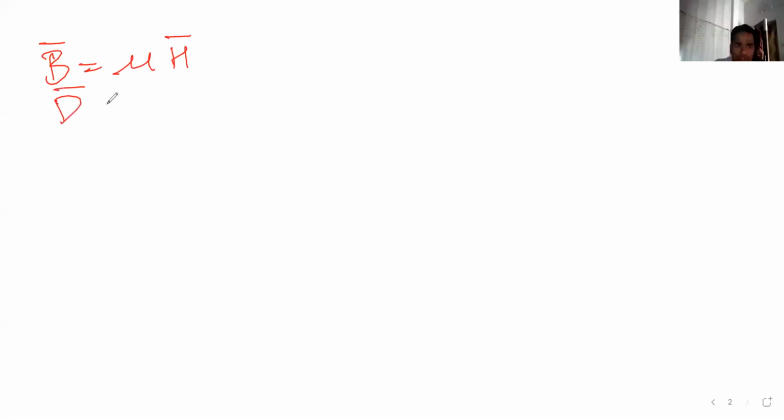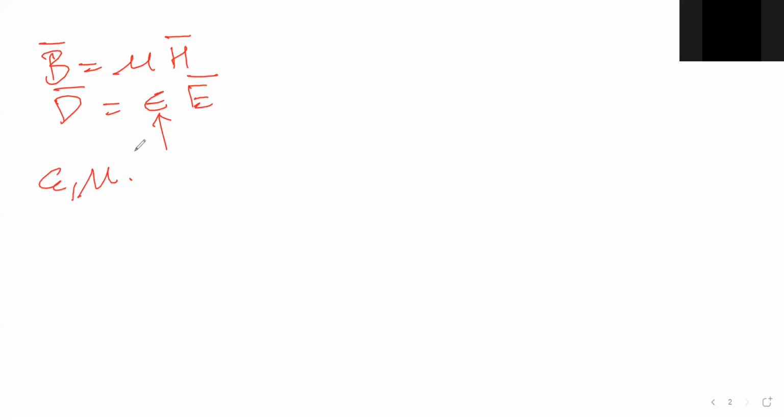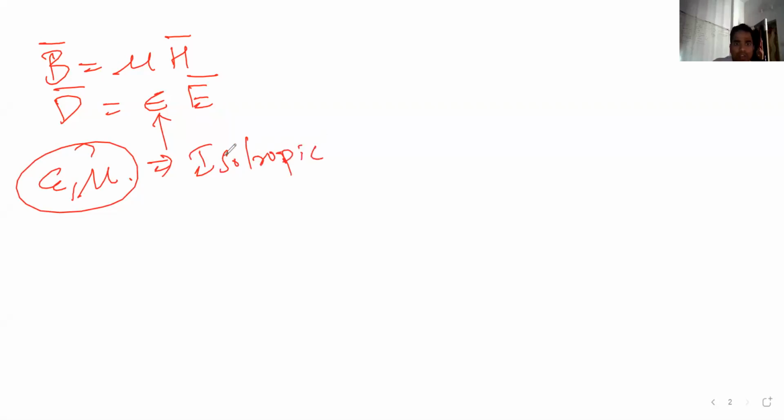We also saw D bar is epsilon E bar. We also saw this mu and epsilon, if they are for an isotropic medium, and we discussed what is isotropic in the last lecture. If they are for an isotropic medium, they are scalars.